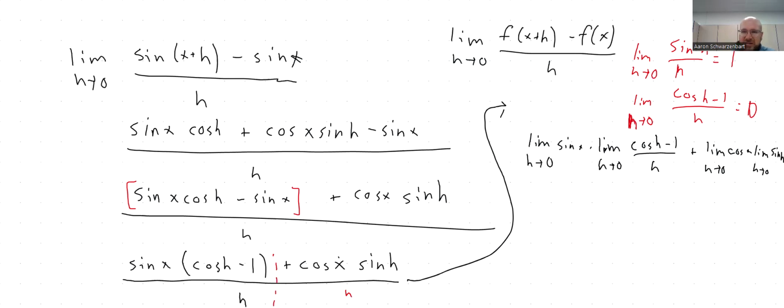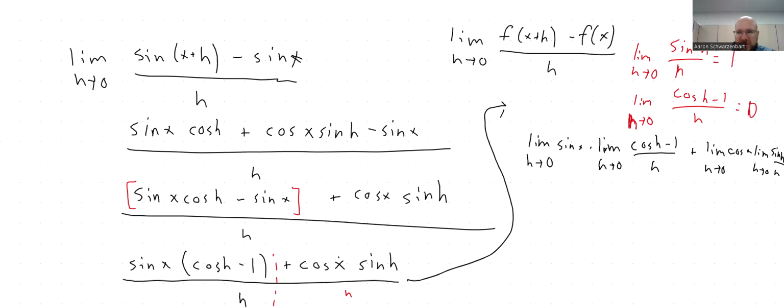Okay, so the last one. Limit as h approaches 0 of sine x, actually I don't need to have that written out, is just sine x. There's no h in it.